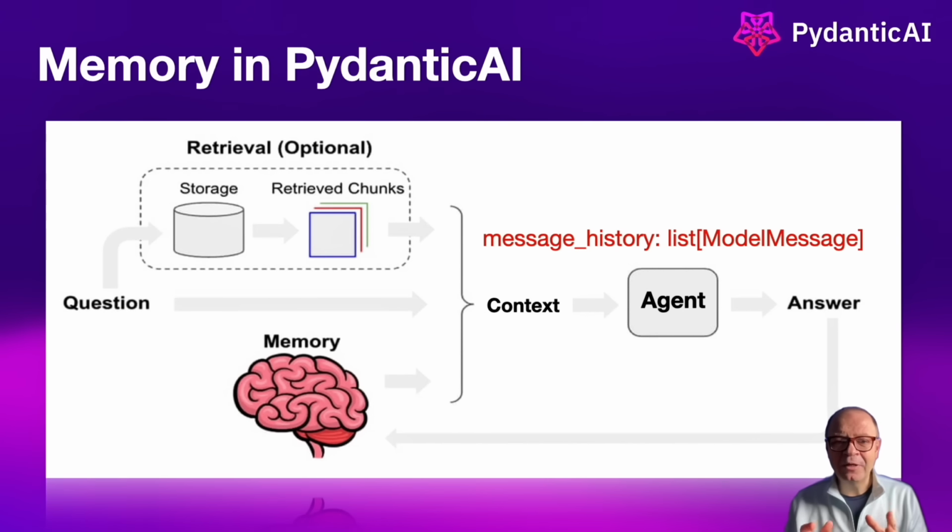Now, memory in PydanticAI, as I mentioned, is a simple list, and the parameter that is being passed is message_history. The list is composed of ModelMessage type of messages, and ModelMessage has two subclasses. One is ModelRequest, the other one is ModelResponse.